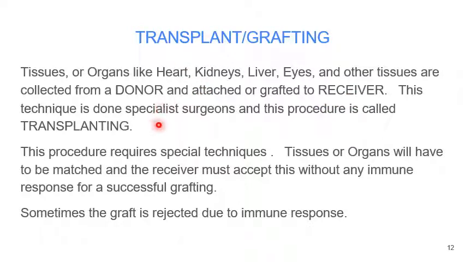The grafting of the organ is a very highly sophisticated procedure, and for that our human body will have to receive it by producing a special kind of response, and that will be taken care of by our immune system. This procedure requires very able doctors to do it. Sometimes the graft is rejected due to our immune response.